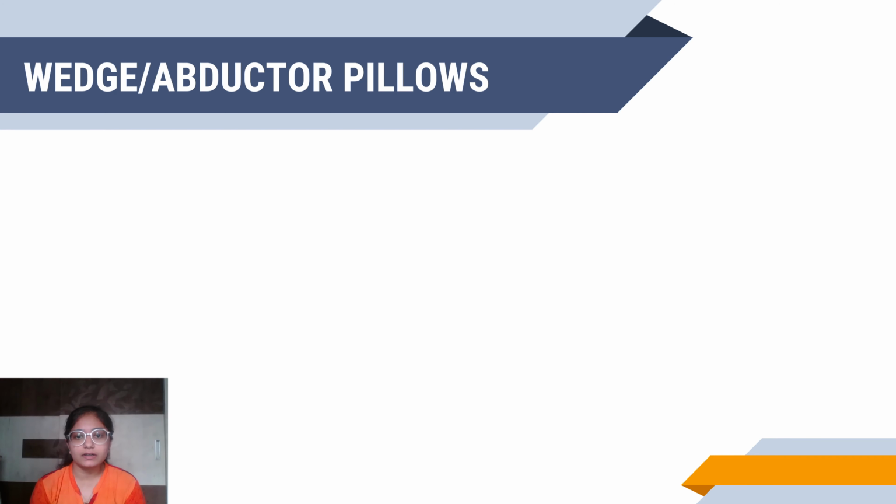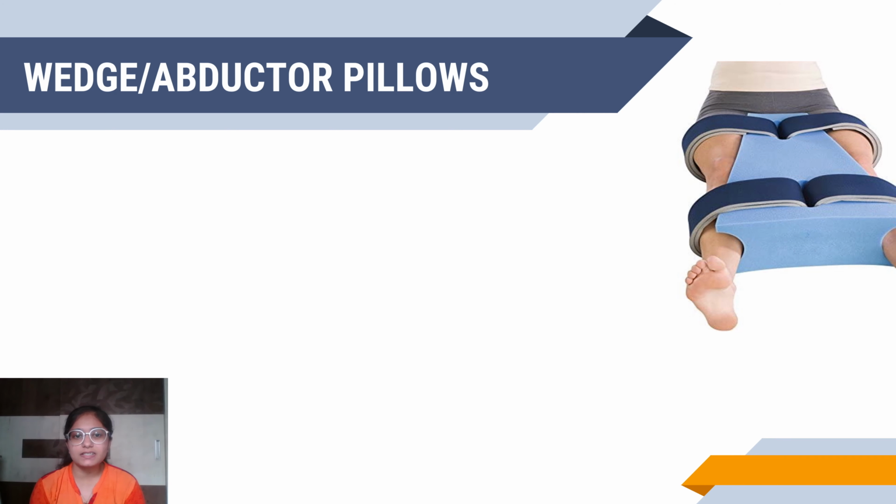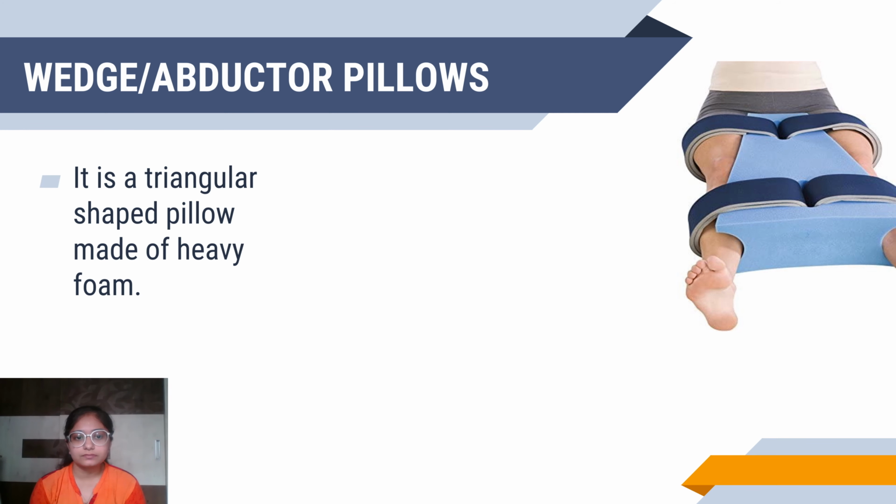Wedge or abductor pillows. This is the diagram of wedge or abductor pillows. Abductor or wedge pillows are triangular shaped pillows made up of heavy foam. Now what are its purposes?